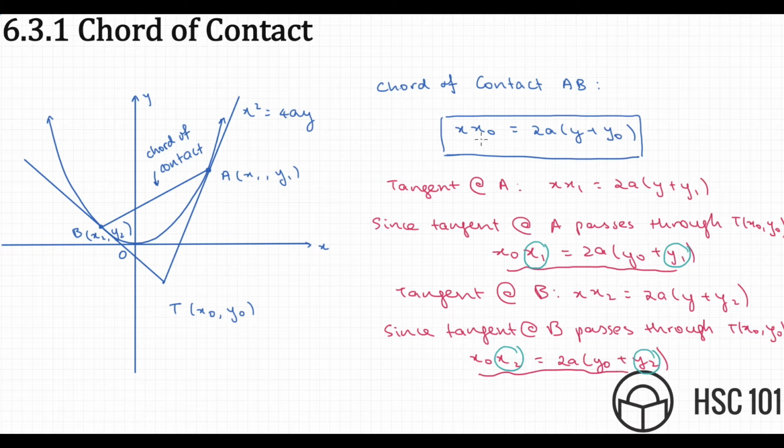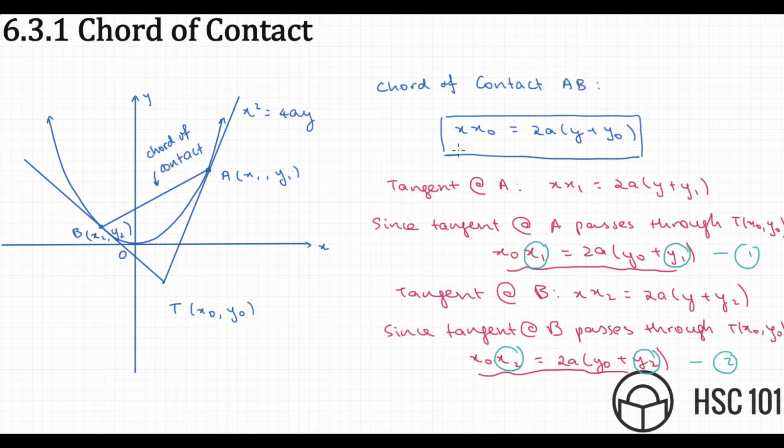Because if I take a look at this equation, if I substitute the coordinates of A, x1, y1, into this formula, I get x1 times x0 equals 2a times y1 plus y0, which I know is a true statement because that's just identity 1. Similarly, we know that this line also passes through B, given by x2, y2, because if I sub x2 into x and y2 into y, I get x2 times x0 equals 2a times y2 plus y0, which I know is also a true statement because that's just identity number 2.